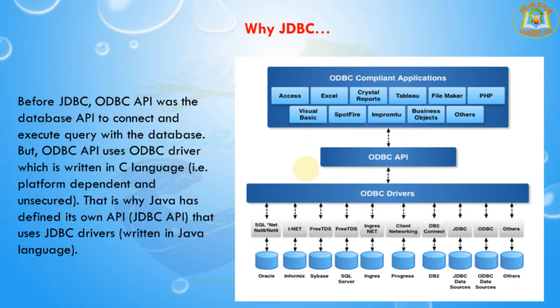But the ODBC API uses ODBC drivers, which are written in the C language. That's why Java defined its own API, the JDBC API, that uses JDBC drivers written in the Java language. With other languages, they need to use the ODBC API to interact with databases.